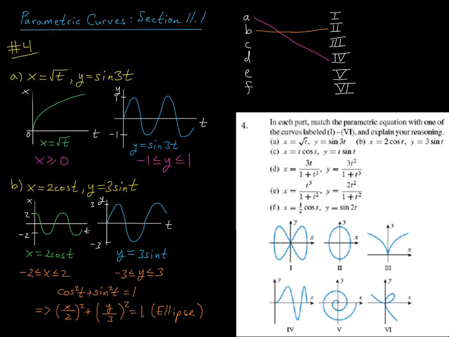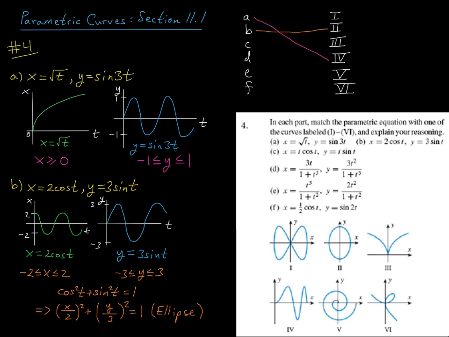And see, this is the standard form of an ellipse centered at the origin with semi-minor axis equal to 2, that's right here, and semi-major axis equal to 3, that's right here. So we conclude that B corresponds to curve 2.